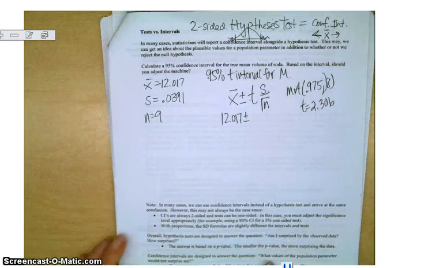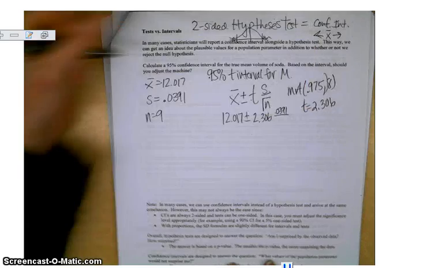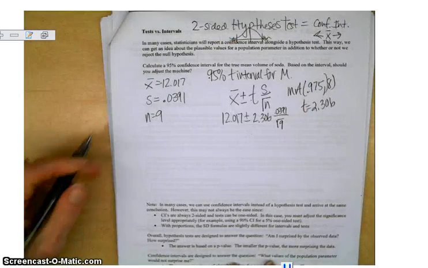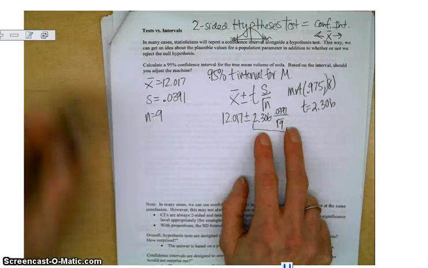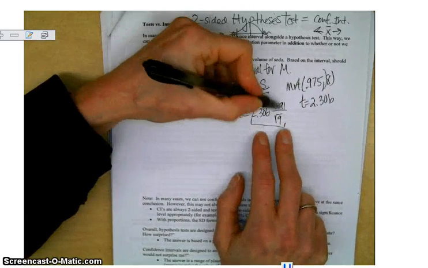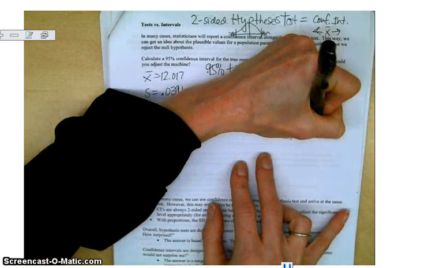So that's our t, 2.306, and then s was 0.0391, and divide by the square root of 9, or 3. So I'm going to calculate this part here. What's this part of the confidence interval called? This entire thing? Very good. This whole thing is called the margin of error.